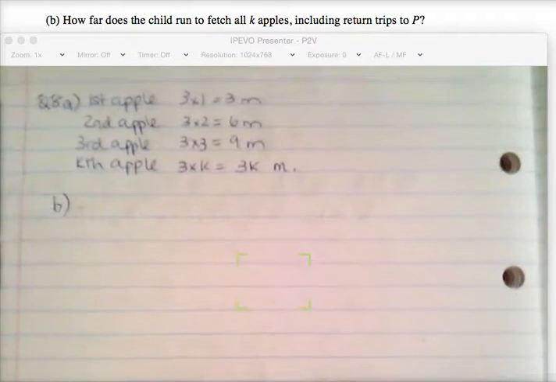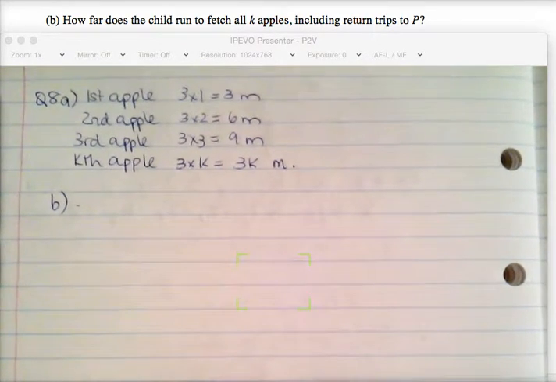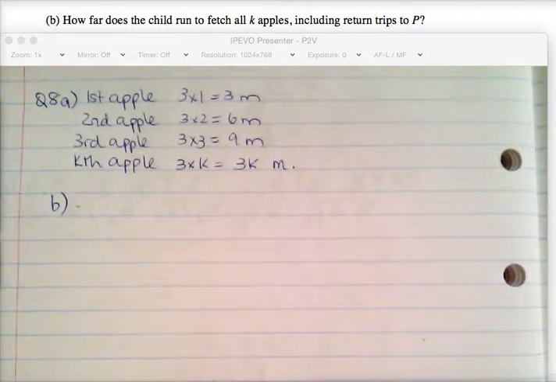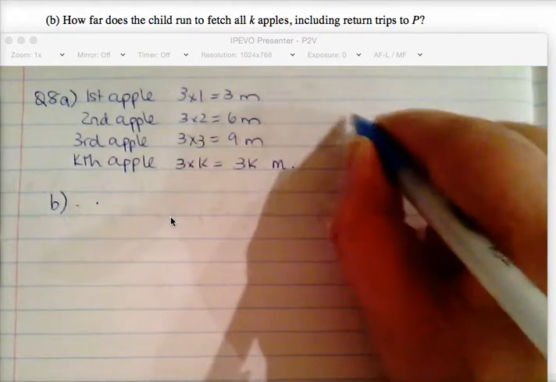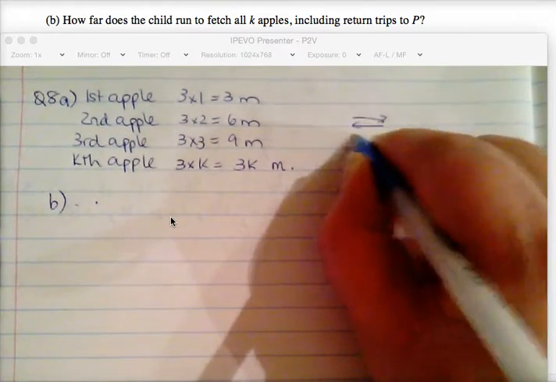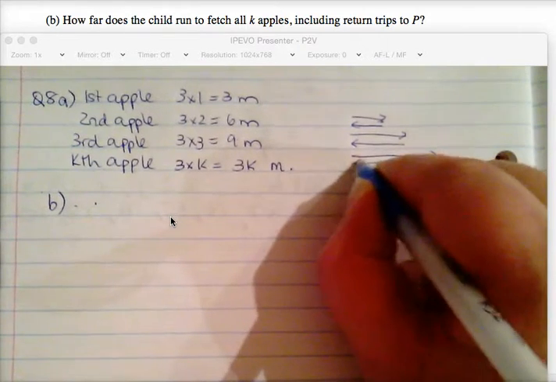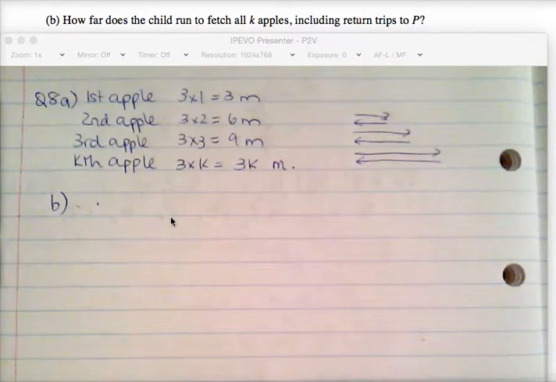Part B says, how far does the child run to fetch all k apples, including return trips to P? So remember, the child starts at a point, then goes forward and back, and then goes forward and back, and forward and back. Now, we can do this 2 ways.